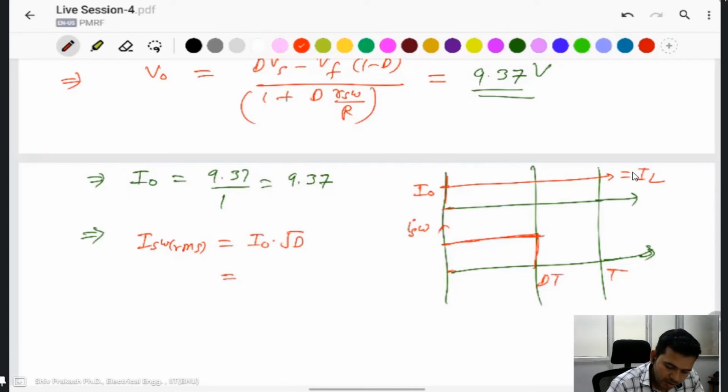And I0 is given as 9.37 into root 0.4. We find this one is 5.789 ampere.